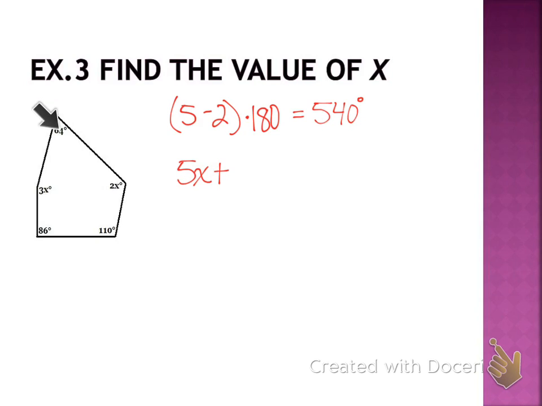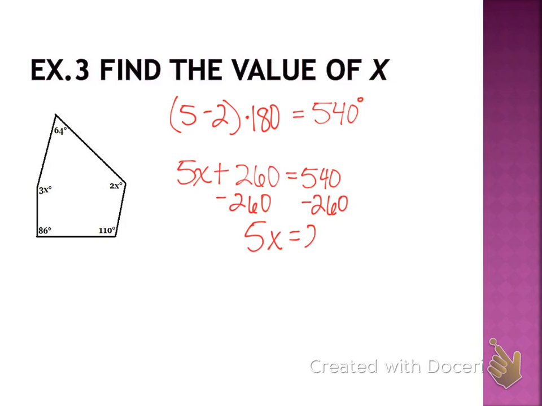Plus, add up all of the whole number integer angles. 64 plus 86 plus 110. 260. And that should equal the 540. Okay, subtract 260 from both sides. What do you get? Nope, not 2x. 5x equals 280.